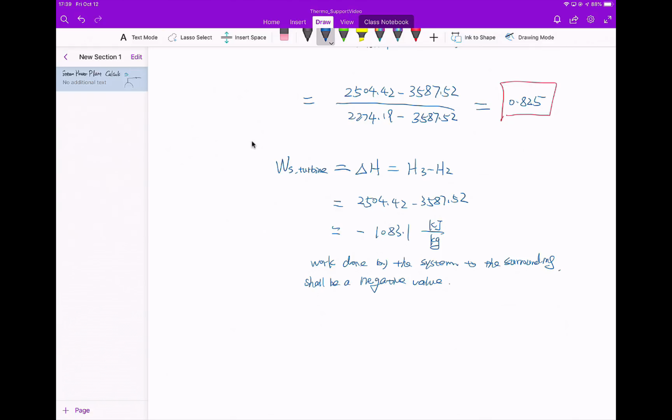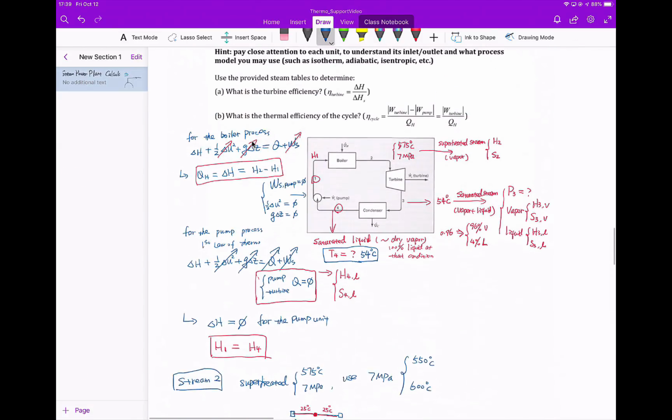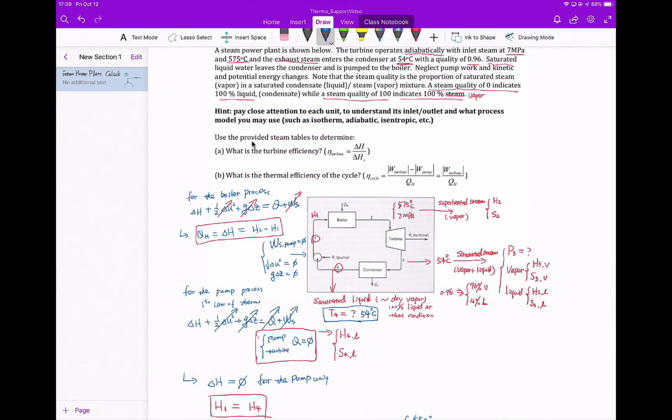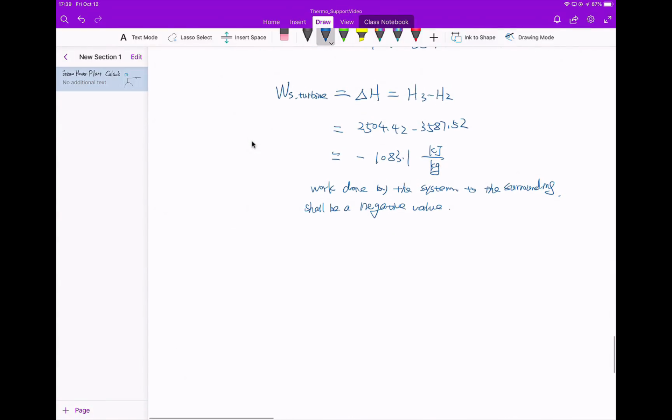Then for the boiler, as we discussed, if we go to the top, the boiler is basically having this as my simplified first law of thermodynamics for the boiler unit. So this is for the boiler.